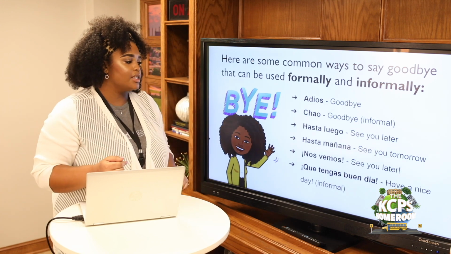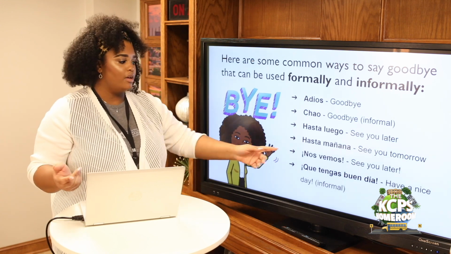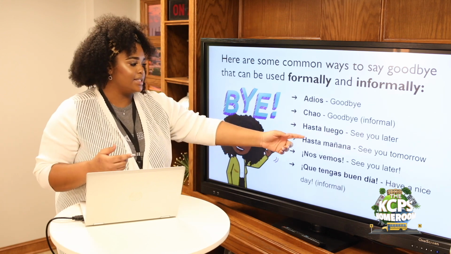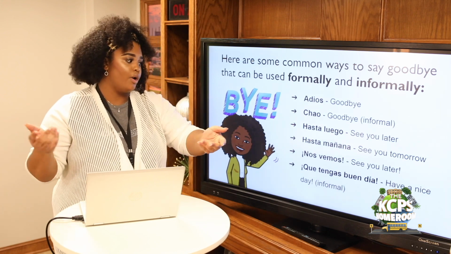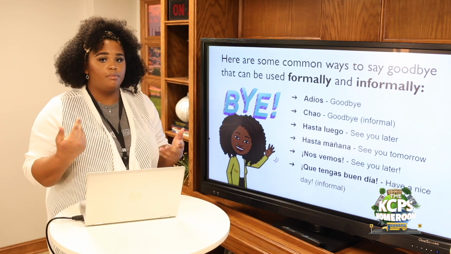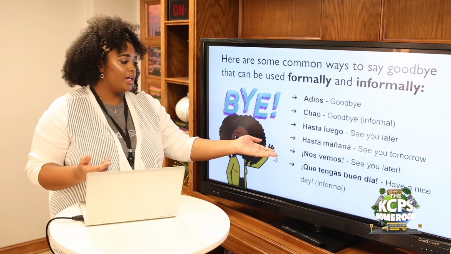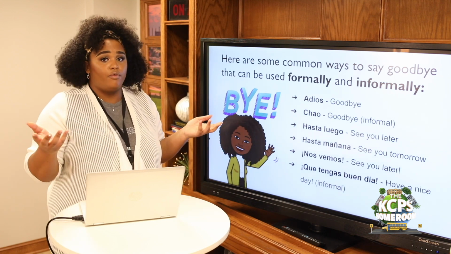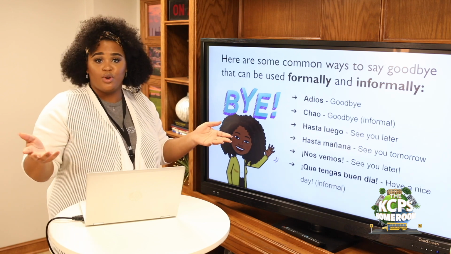And it's the same concept here. Hasta means until, mañana is morning, or tomorrow, so it could be hasta mañana for see you tomorrow. Then this is also another common one that I have seen personally used, so I included nos vemos. And this is a very informal way or formal way that you can say see you later. Nos vemos.